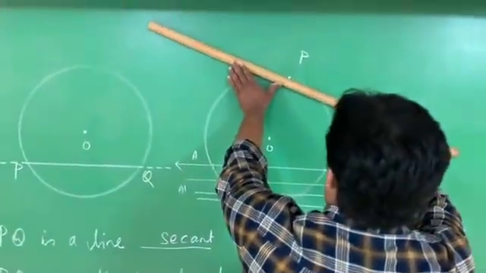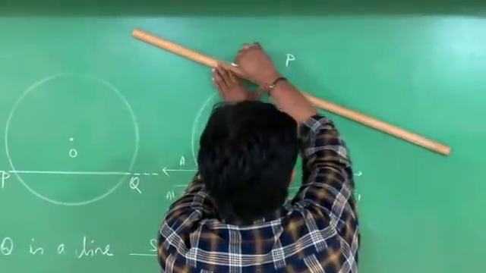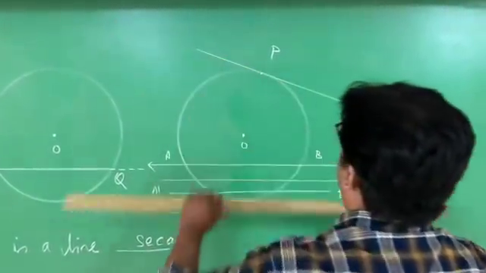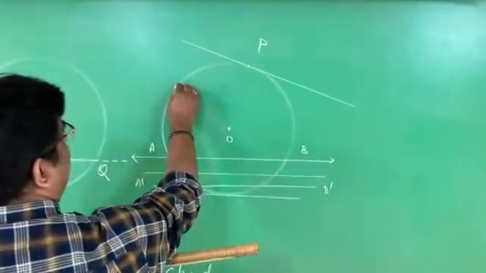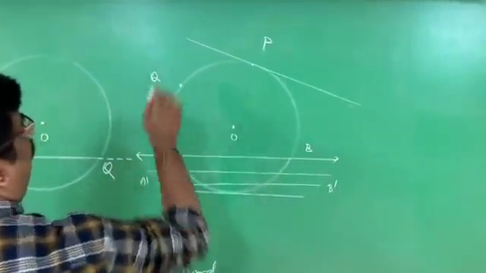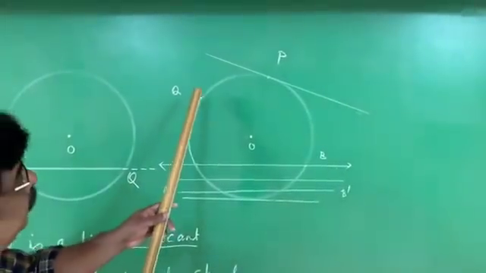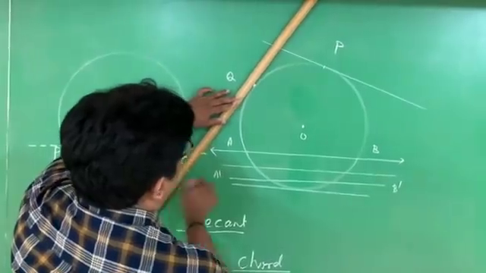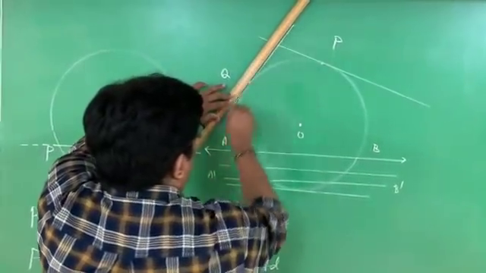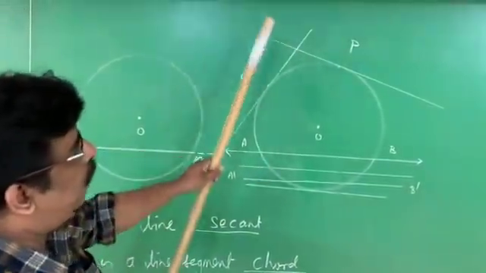Only one. Suppose here there is a circle, here there is a point Q. How many tangents can I draw at the point Q? Only one. Only one tangent can be drawn to a circle at any point on it.